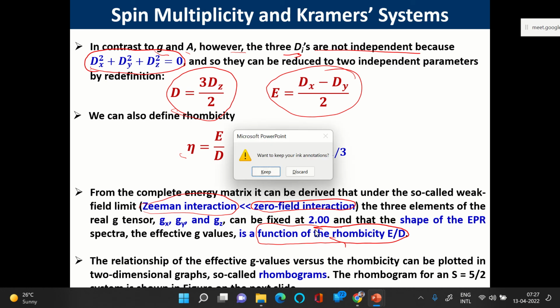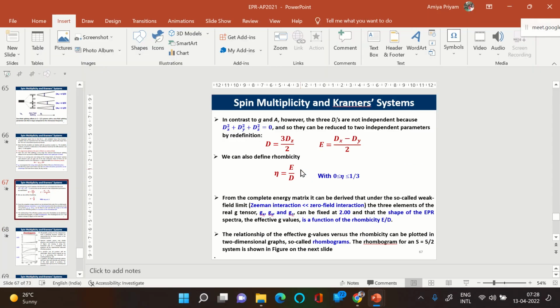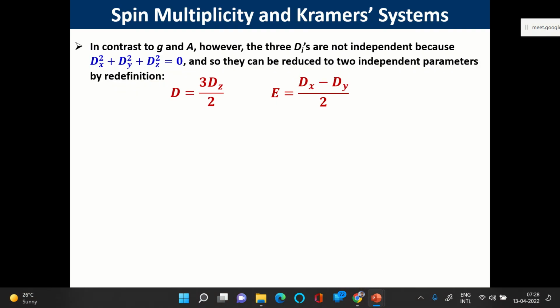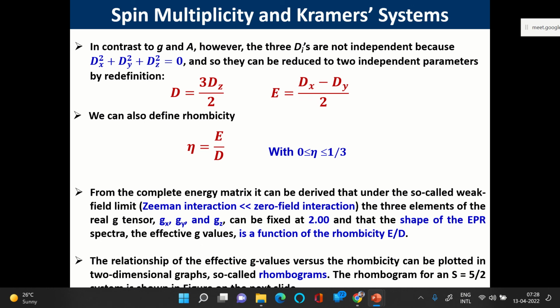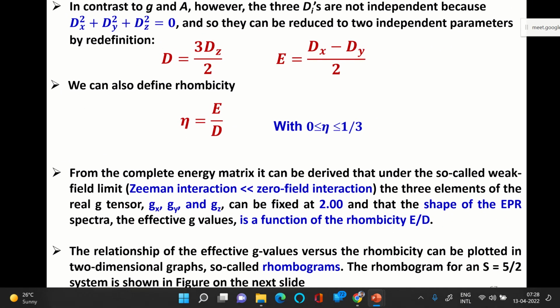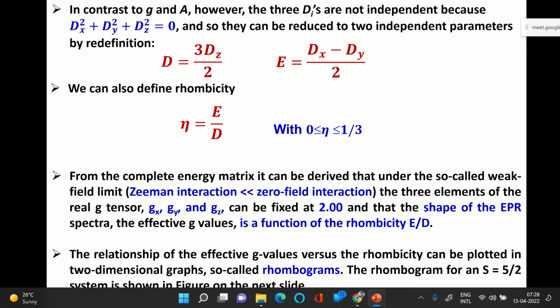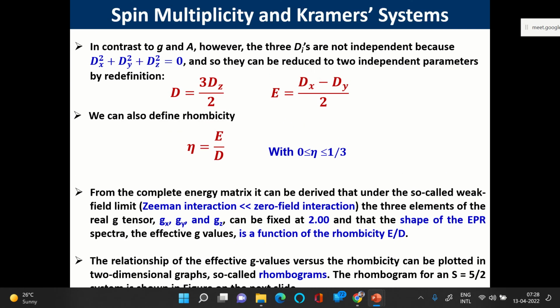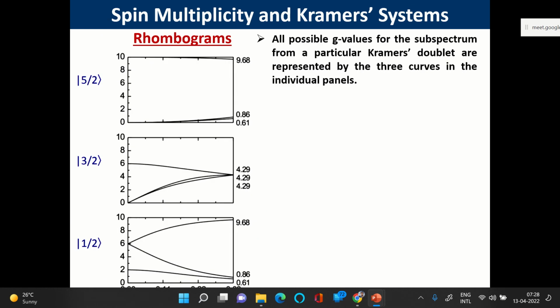You know, right, it is getting cut off at the bottom of the slide show. Okay, that is something. So the typical rhombogram is drawn on the next slide for an S equals 5 by 2 system.